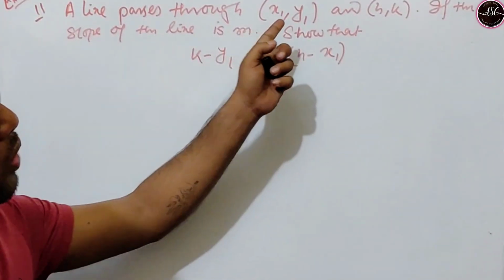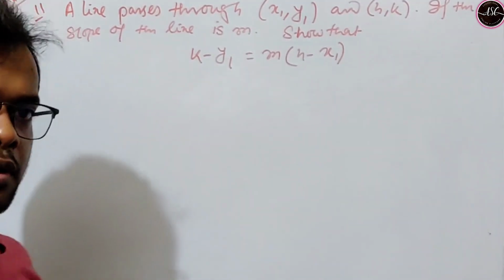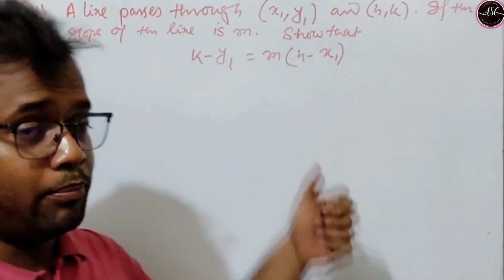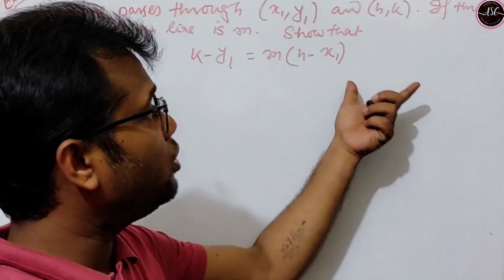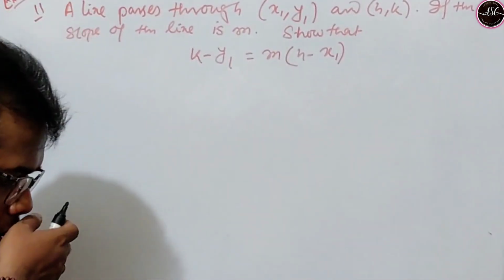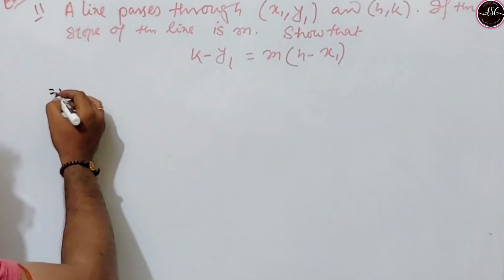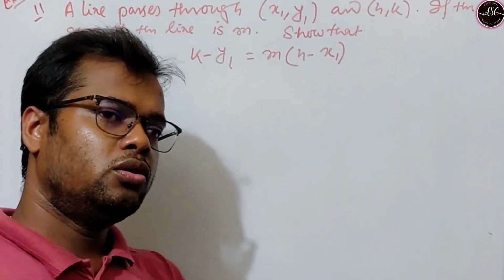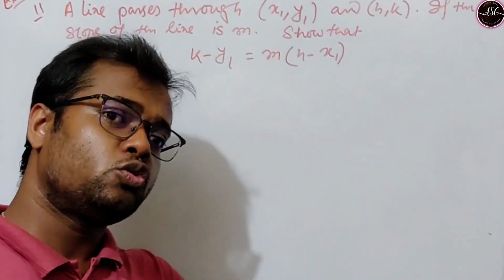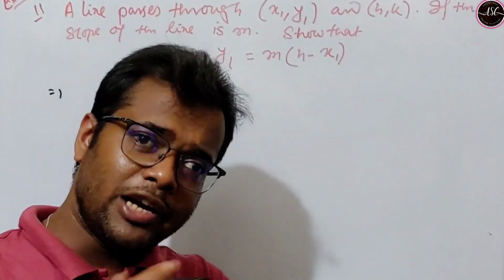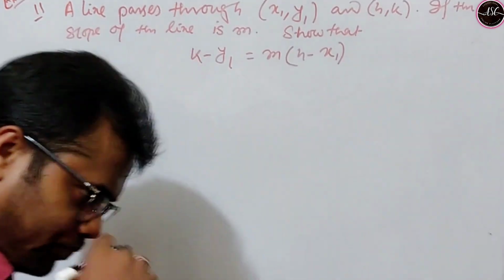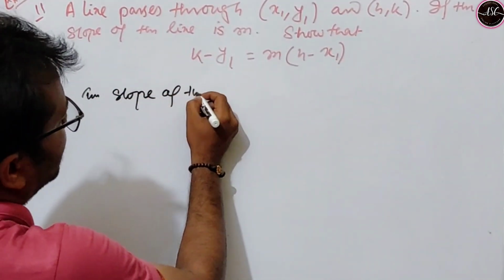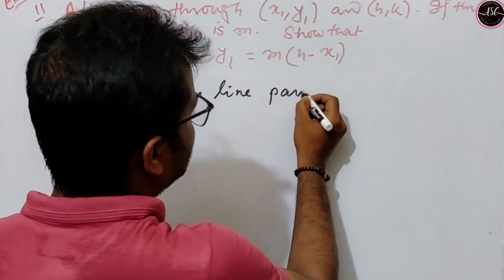Then look at this question. A line passes through (x1, y1) and (h, k), that means the line passes through these points. If the slope of the line is m, prove that k minus y1 equals m into (h minus x1). Very easy question. We know if a line passes through two points, then the slope equals y2 minus y1 divided by x2 minus x1.